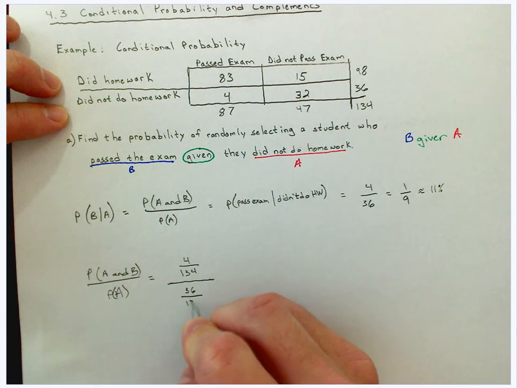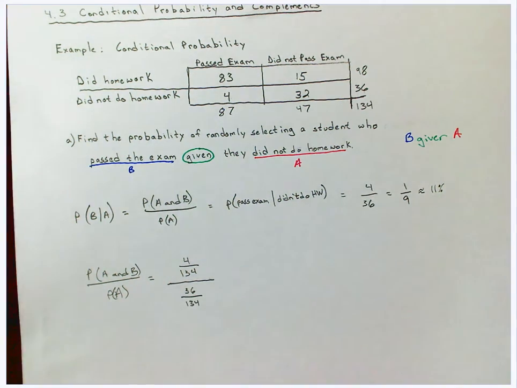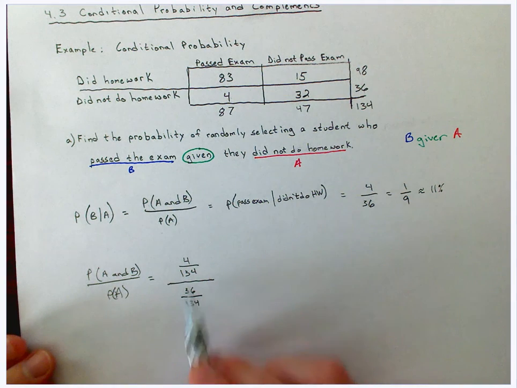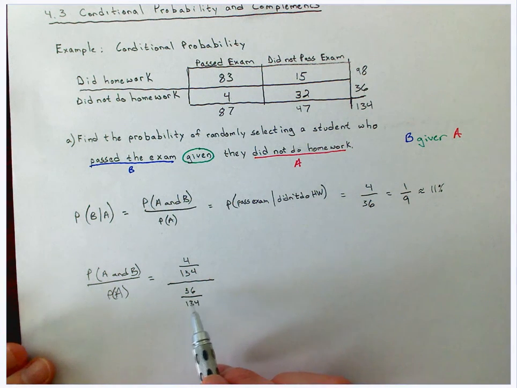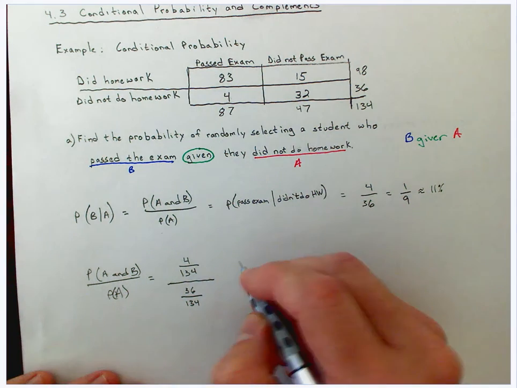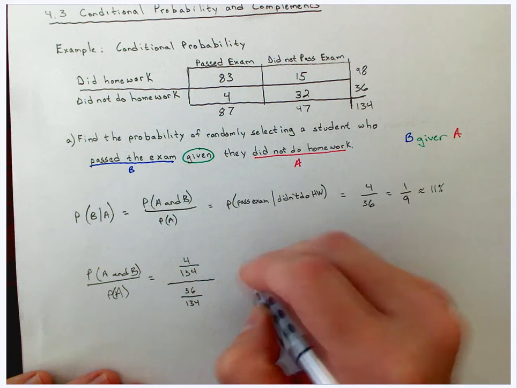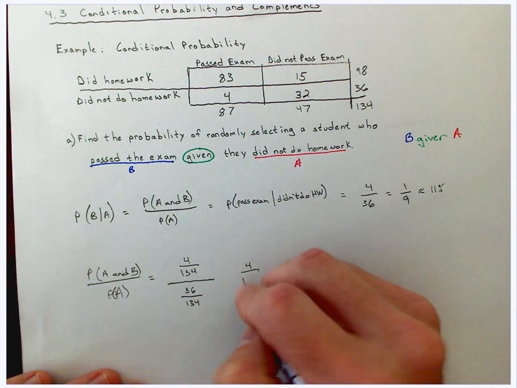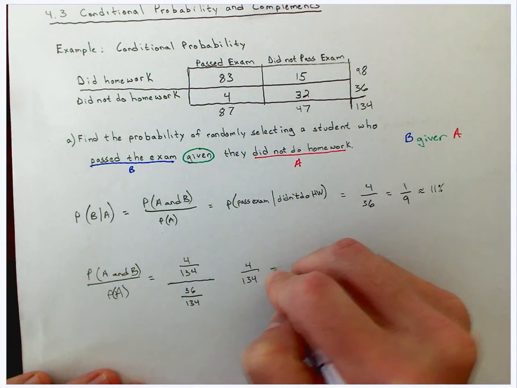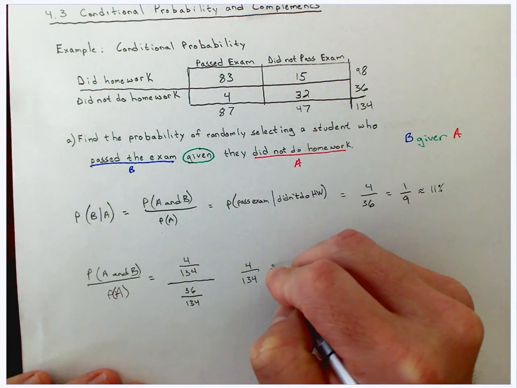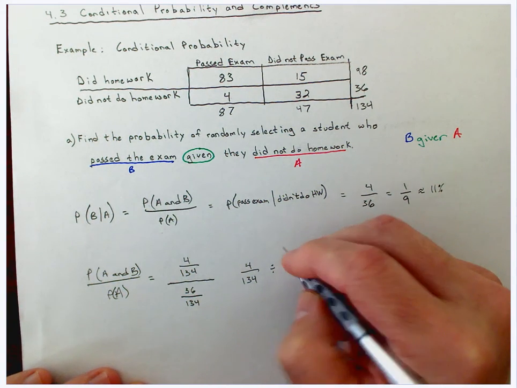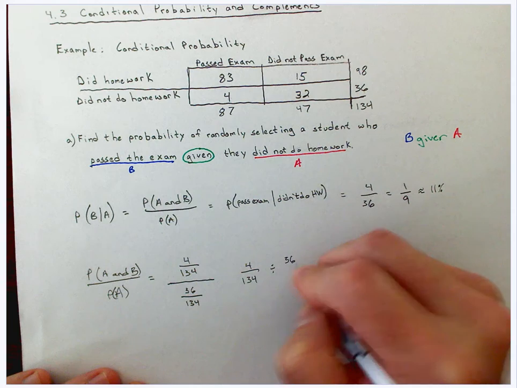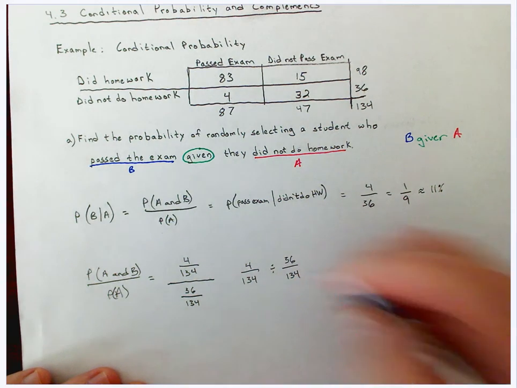For some of y'all, you don't like this. It is a fraction over a fraction. But I'll show you what I did. I just eliminated the denominators to begin with because I knew that that would happen. I'm going to rewrite this, and this is probably easier to see. 4/134 divided by 36/134.